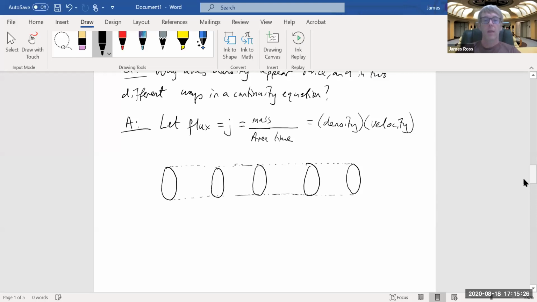So consider two-dimensional slices through a tube.